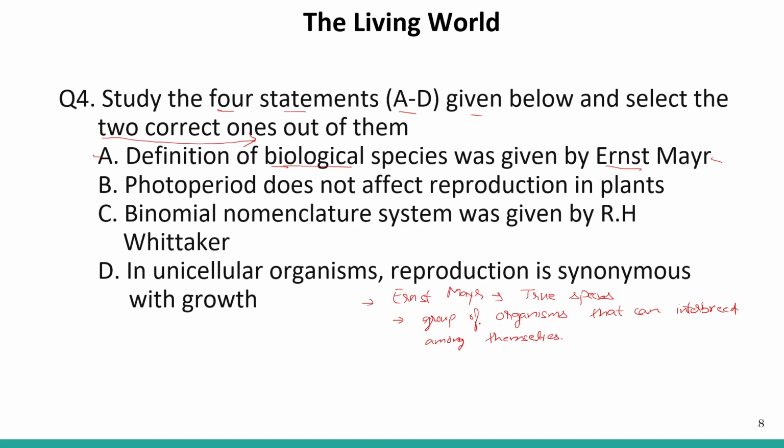Or he said that they are the group of interbreeding natural populations, and they are reproductively isolated from other such groups.